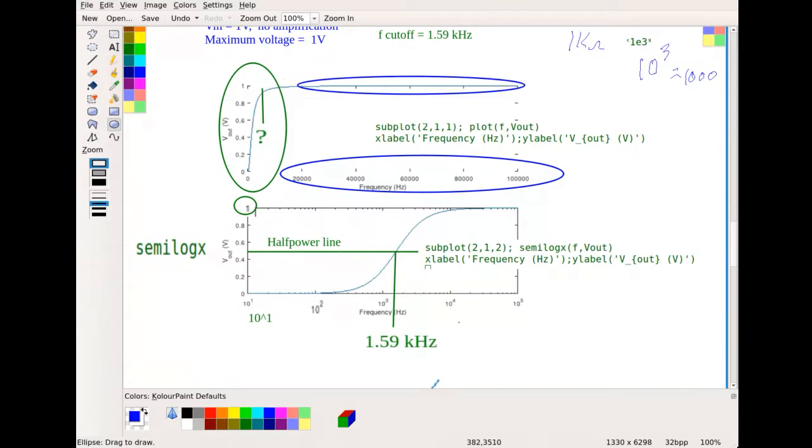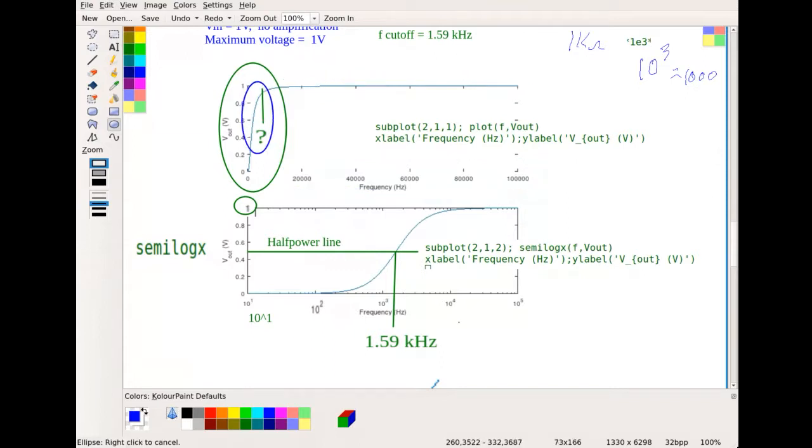It's all happening right over here in this very small section of the graph, and so the rest of this seems almost pointless. But when you use a log format, it smooths it out. All right, so that's the idea of these plots.